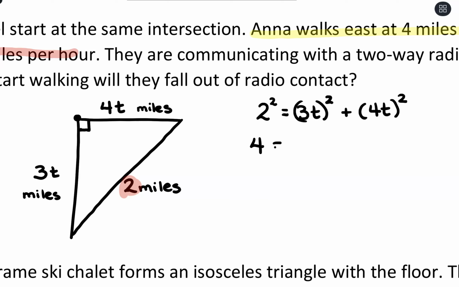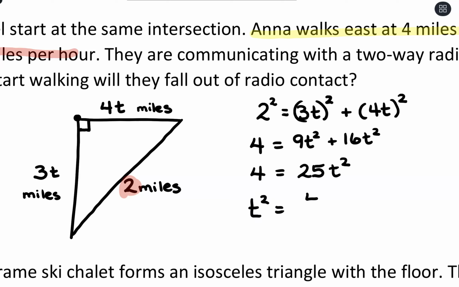So we're going to have 4 equals 9t squared plus 16t squared, which is 4 equals 25t squared. Divide both sides by 25, so t squared is equal to 4 divided by 25.